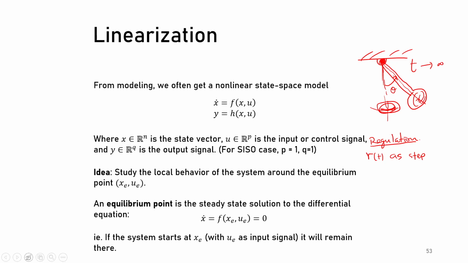If you have a pendulum like this, and you carefully hold it at the angle that is aligned with the direction of gravity, then it can have equilibrium here, right?